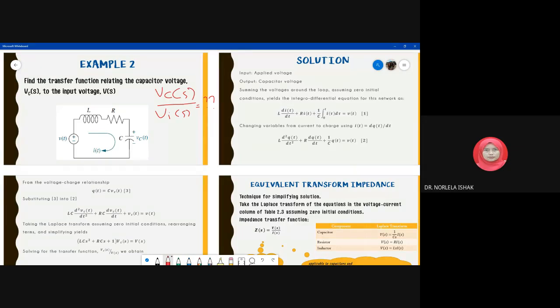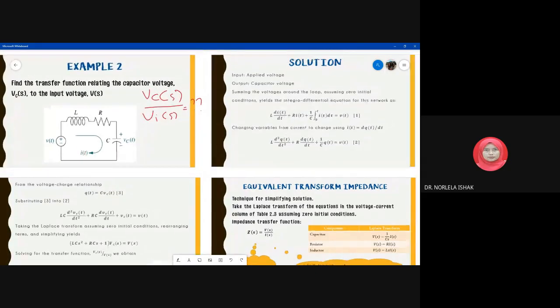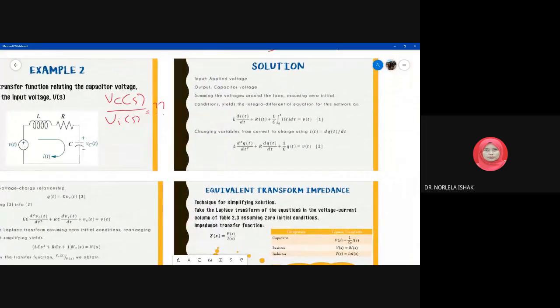Okay, so also the same, you have to define the total voltage from this RLC circuit, as you can see from equation number 1. So how to define the voltage around the loop? We want to define the sum of the voltages around the loop, and we assume zero initial condition.